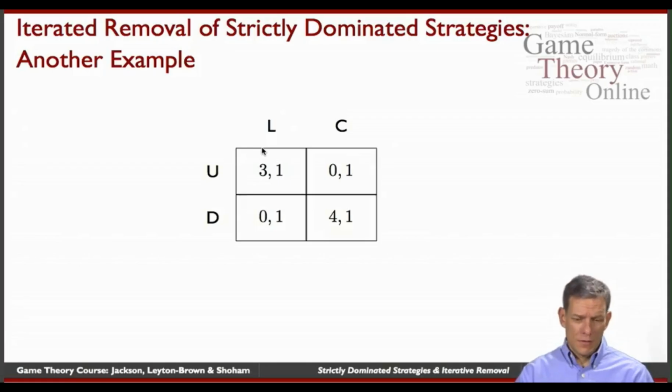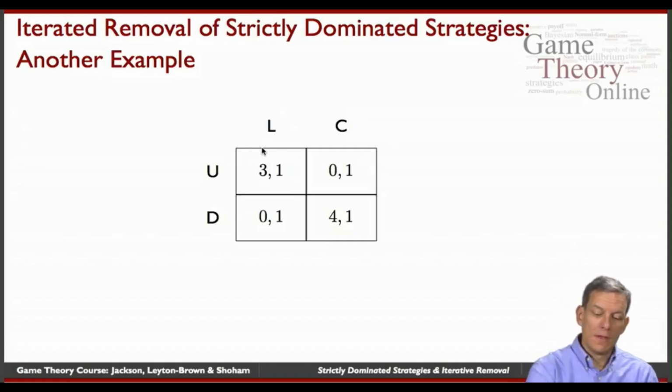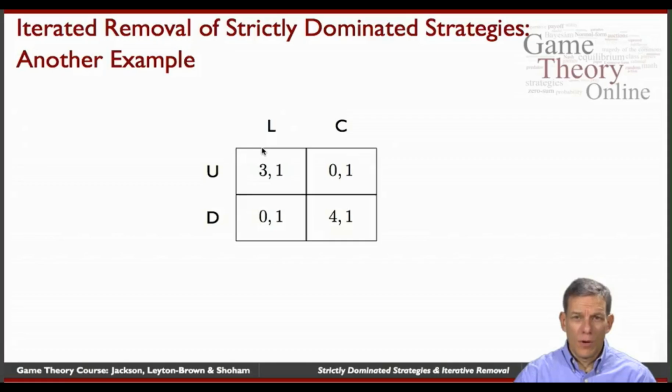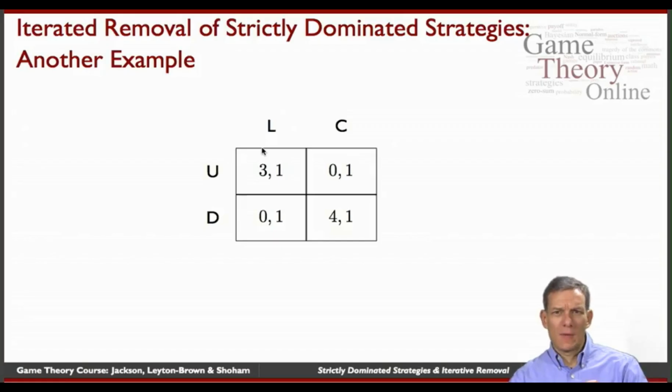There's, in fact, an infinite number of Nash equilibria, given that the column player is fully indifferent in this game. So you can go through and analyze all the Nash equilibria if you want. But the iterative elimination of strictly dominated strategies still gave us a lot of predictive power in the sense that it collapsed the game down to a much simpler game, and then it's much easier to analyze what's left.